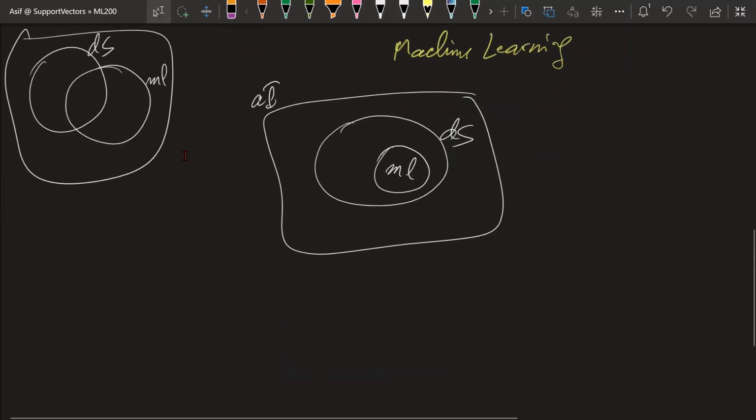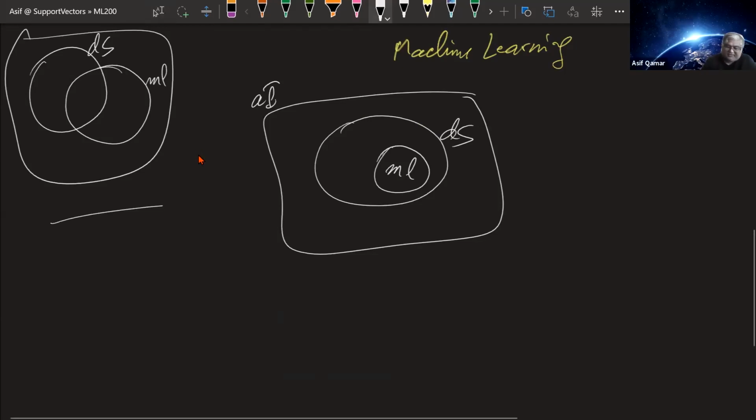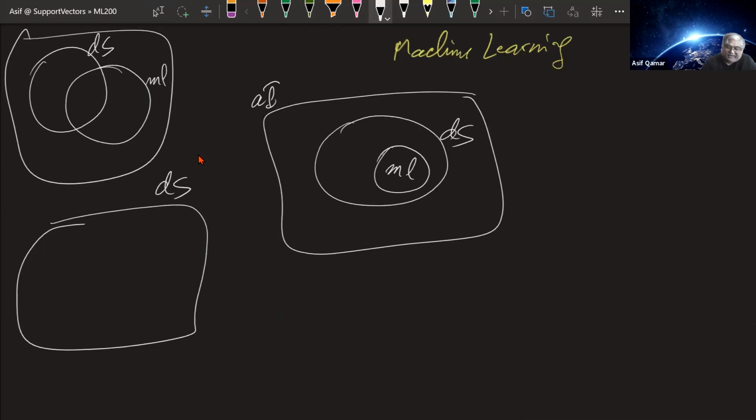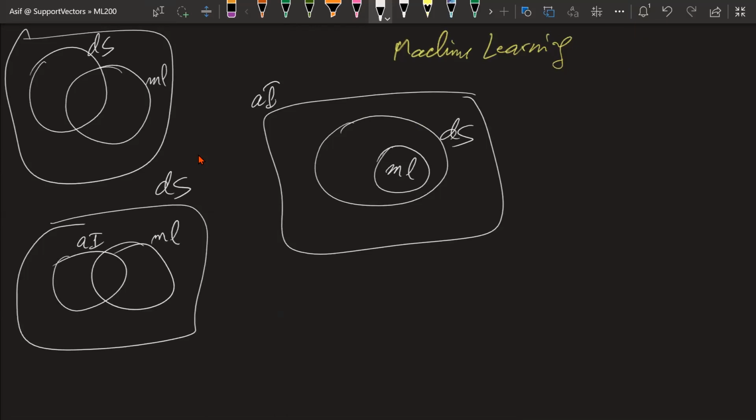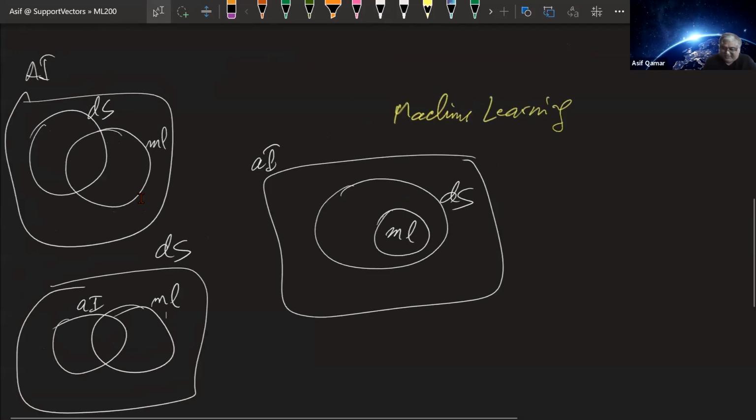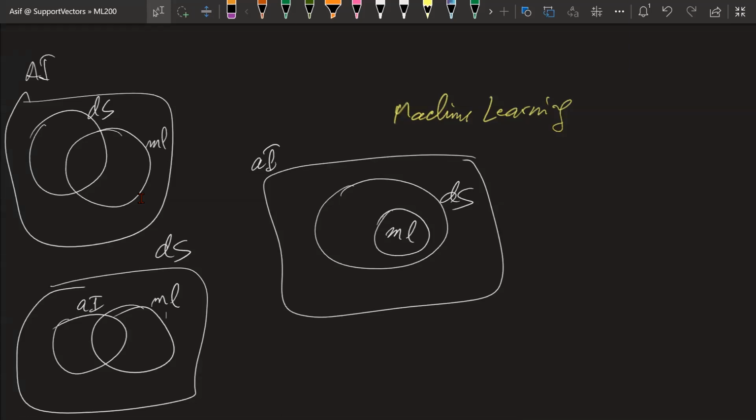AI and ML come under DS. Okay, so you would put DS here, and you would put AI here, and you would put ML here. Any other possibilities, guys, that you can think of? I think the third version, but the machine learning is just a subset within the artificial intelligence.